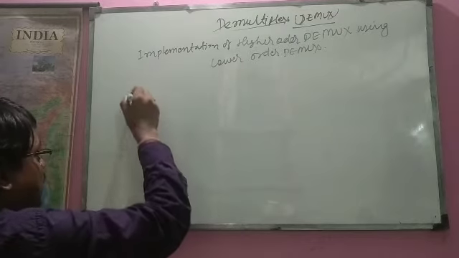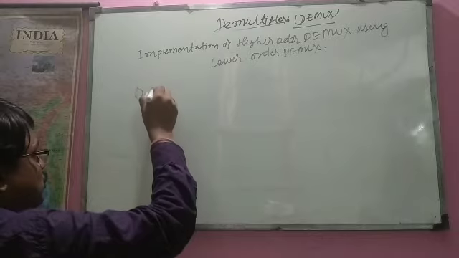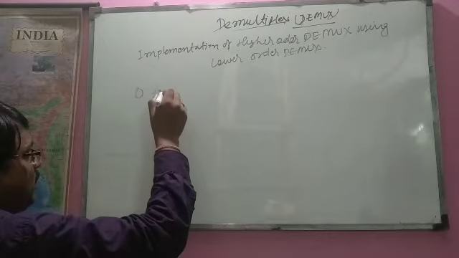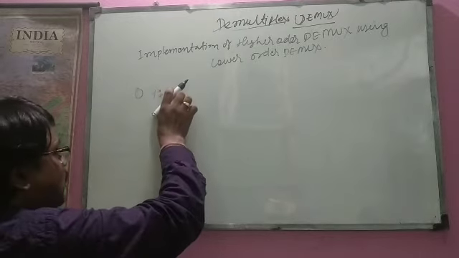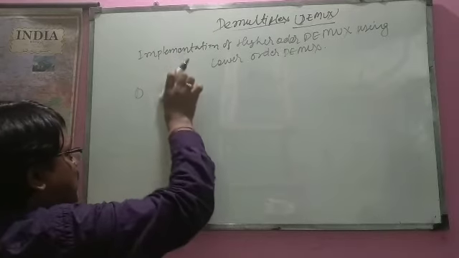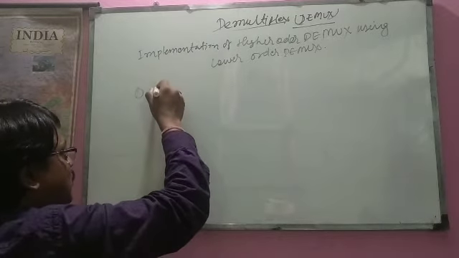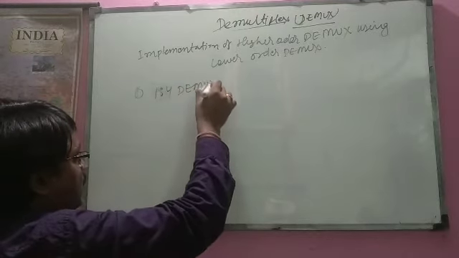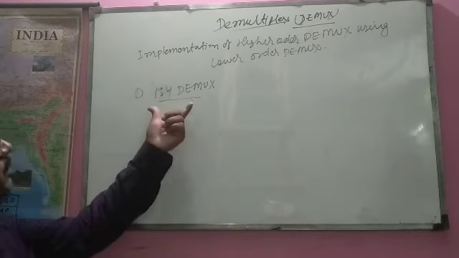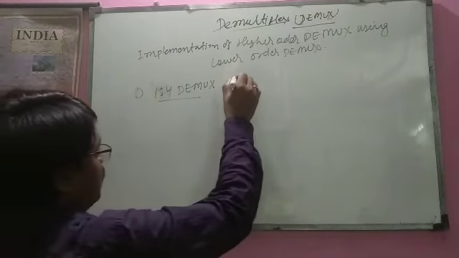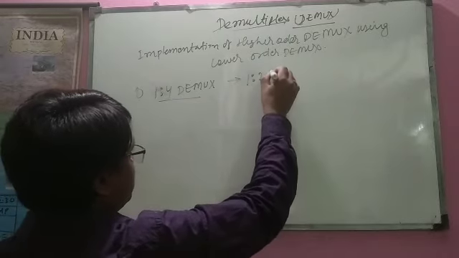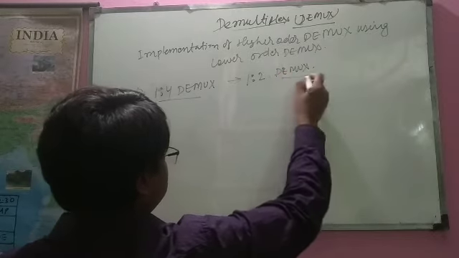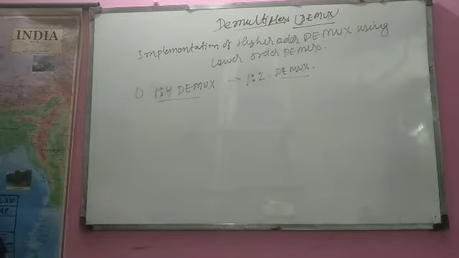Let us suppose we have to make a 1:4 demux. We want to implement this one using 1:2 demux. So just do one thing.